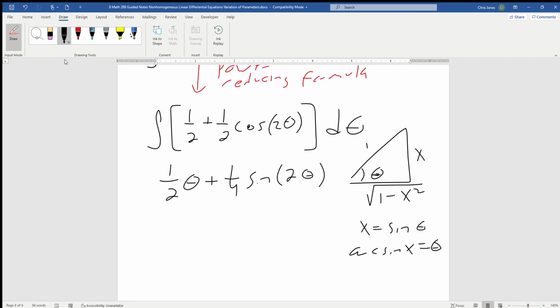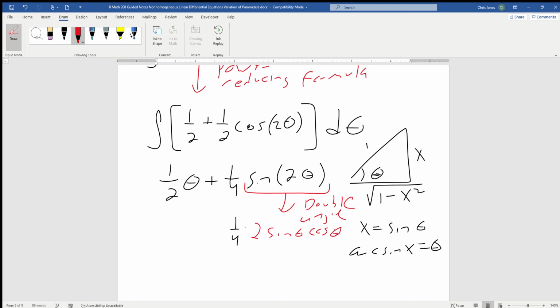So we have to use one more trig identity. You might remember this one, that sine of 2 theta is a double angle, and that can be written as 1/4 times 2 sine theta cos theta.